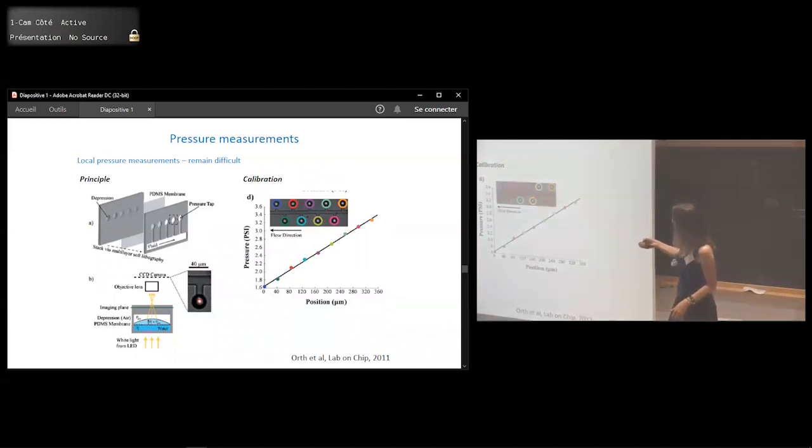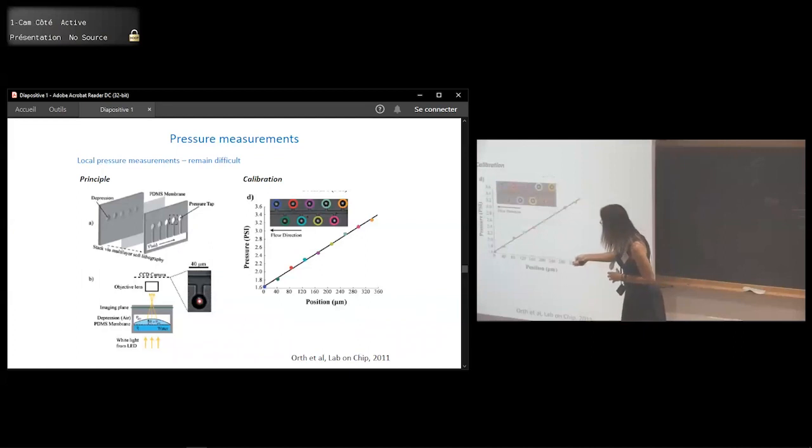And what we expect to measure is, this is flow again, like in a Poiseuille flow in a capillary tube. So I have a constant pressure gradient, and I expect the pressure to decrease from here to there in a linear way. So how do they locally access the pressure? If you look at one of these pressure sensors, they have a membrane, and this membrane can deform under the pressure of the fluid. When the pressure is higher, the membrane will deform more.